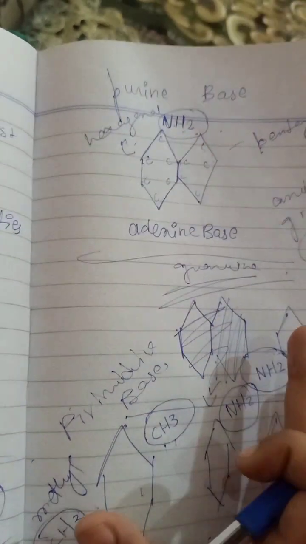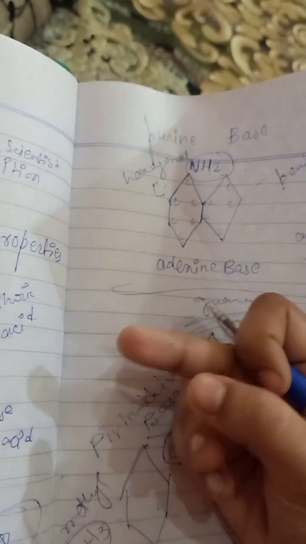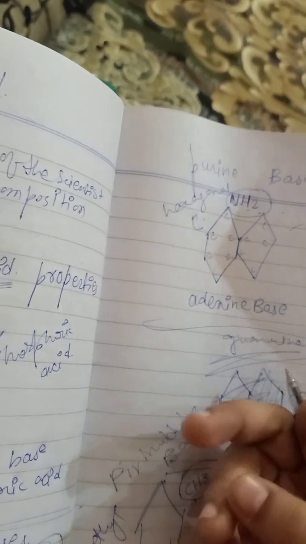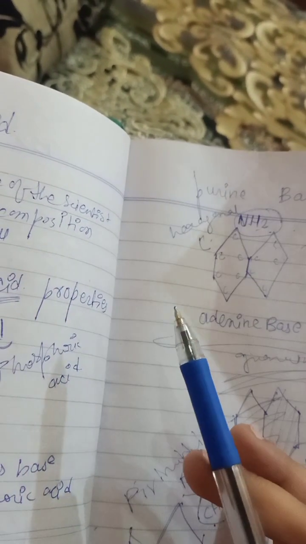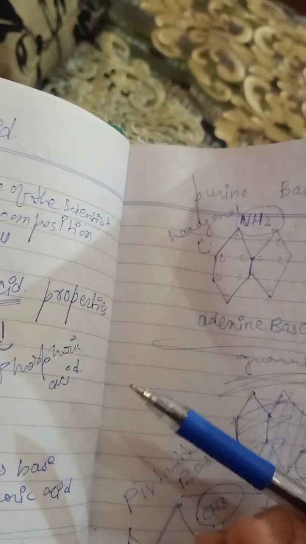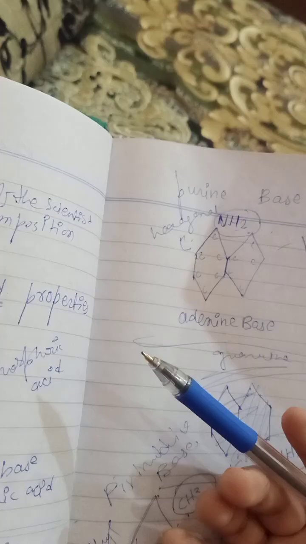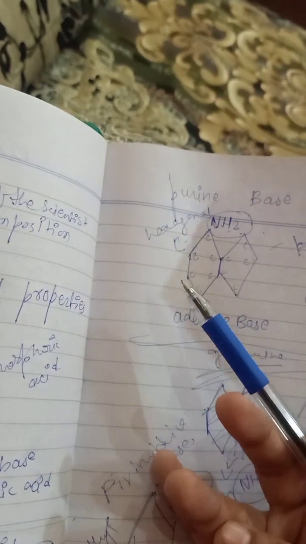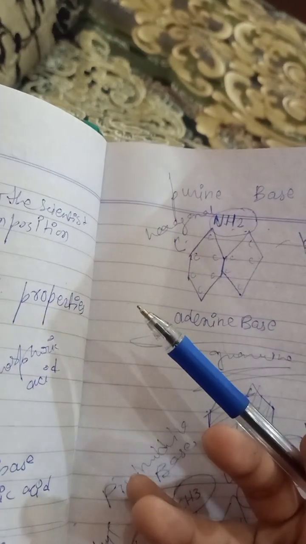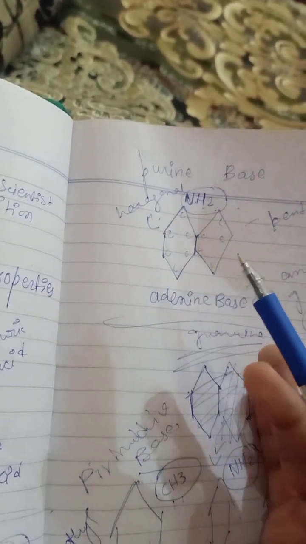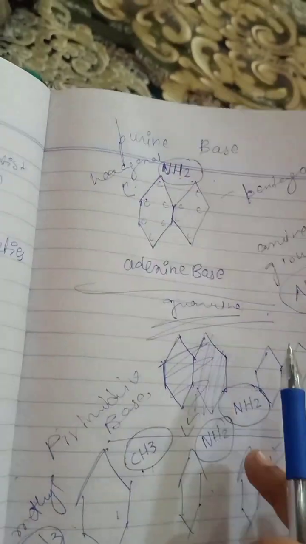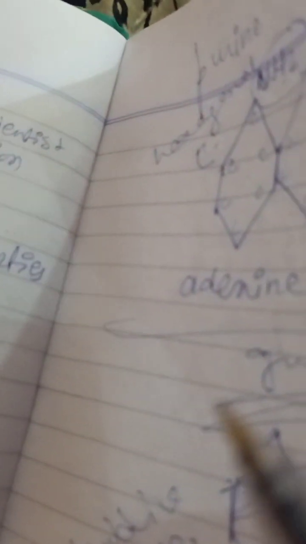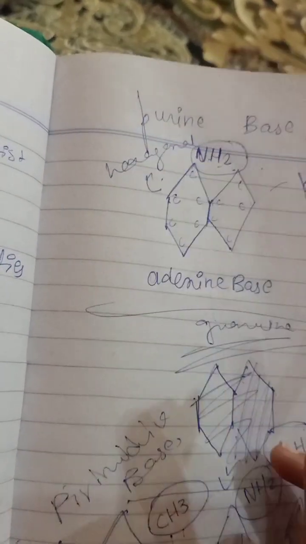DNA has adenine, cytosine, thymine, and guanine, and RNA has the nitrogenous bases adenine, guanine, cytosine, and uracil. Thymine is replaced by uracil.